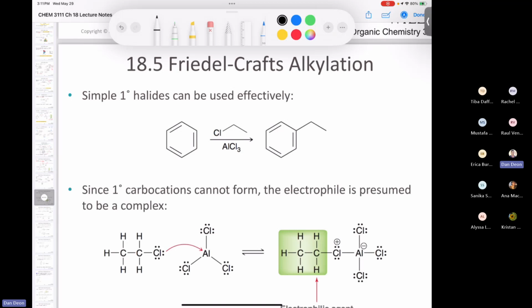And then you have methyl carbocations, which aren't stable either. So it says here, you can take a primary alkyl halide to do a Friedel-Crafts alkylation. This is just ethyl chloride. And in this case, we've made ethyl benzene. There's nothing wrong with this reaction at all.